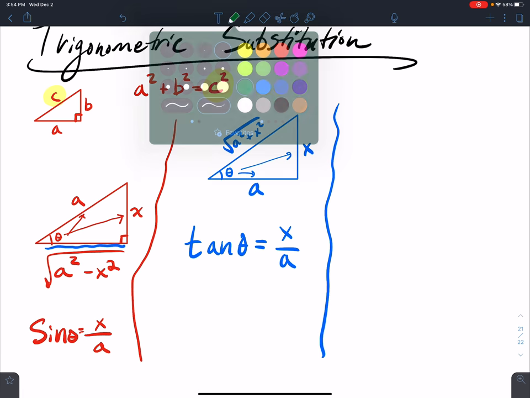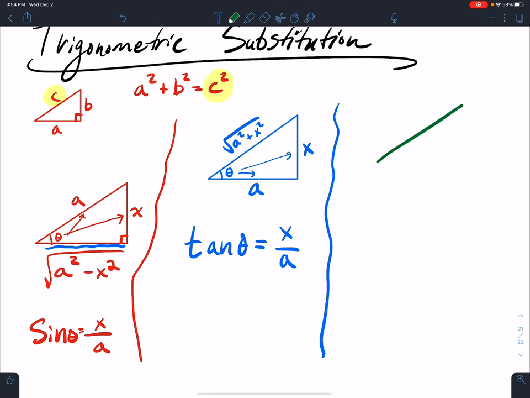And then the last scenario, we have a triangle. Let's try that again. So got a right triangle. All these are right triangles. Remember, right triangle trigonometry only works with right triangles, right? So, say we know that this side is a and this is x and we want to know what this side is.